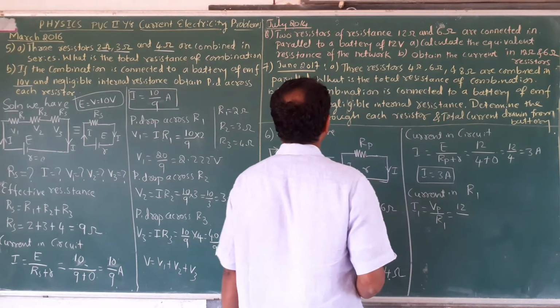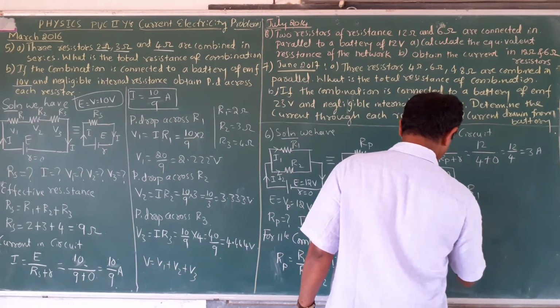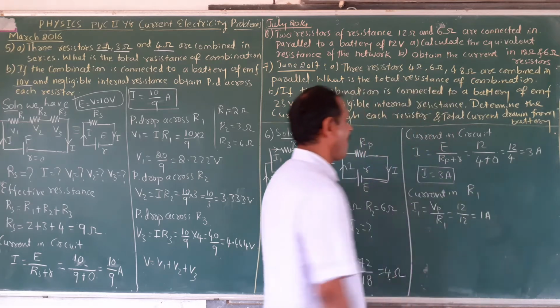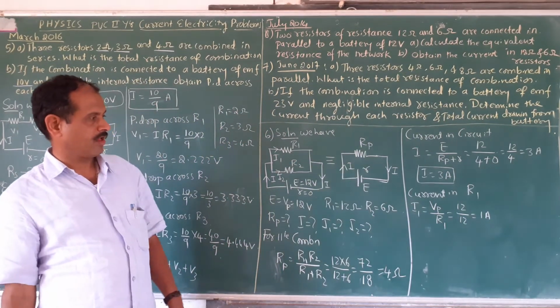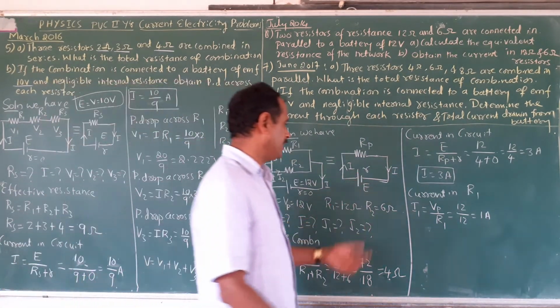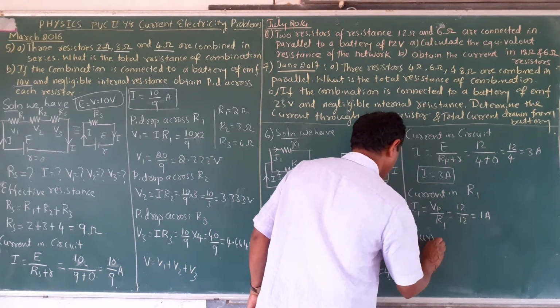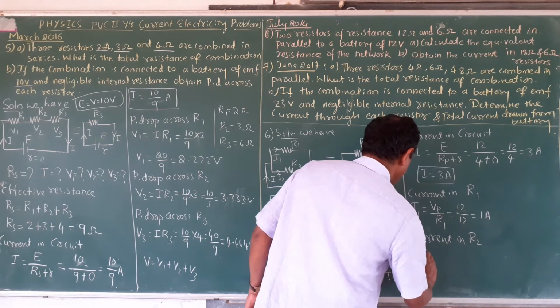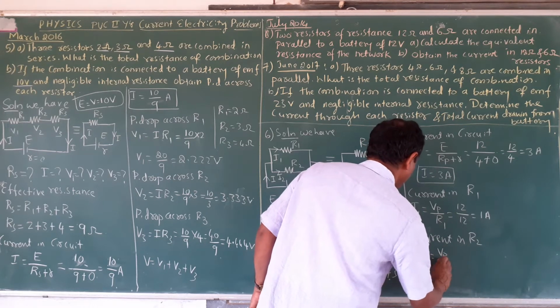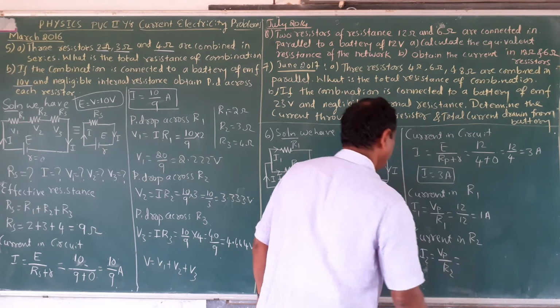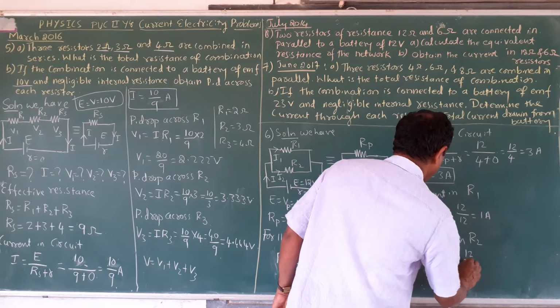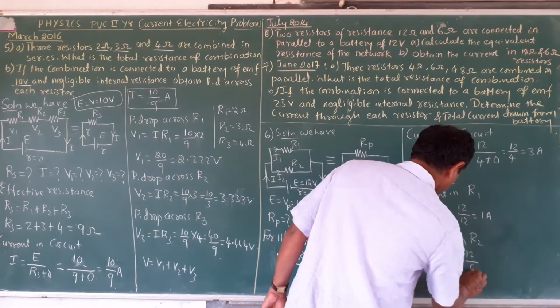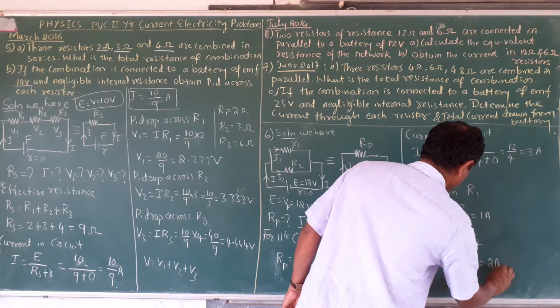What is R1? R1 is 12. What is the answer? 1 ampere. Similarly, calculate the current in R2. I2 is VP by R2, 12 divided by 6, which is 2 ampere.